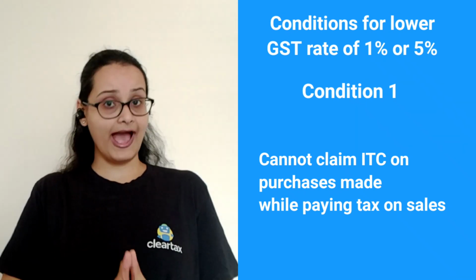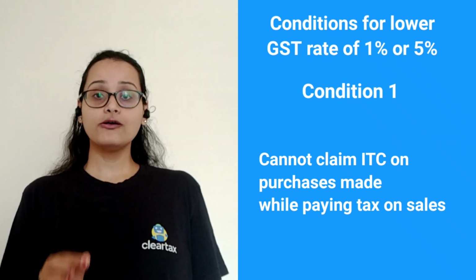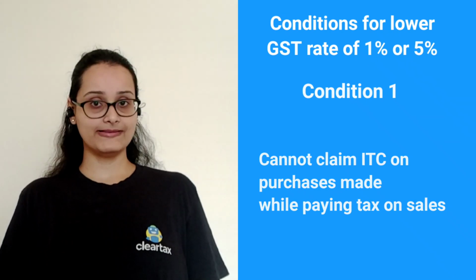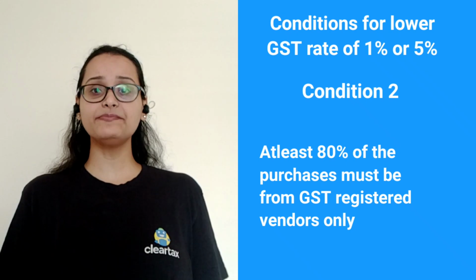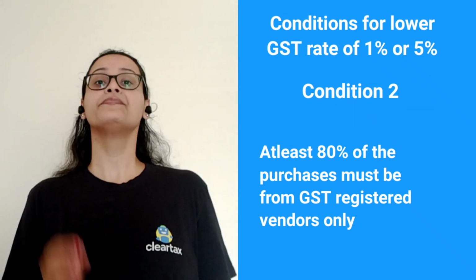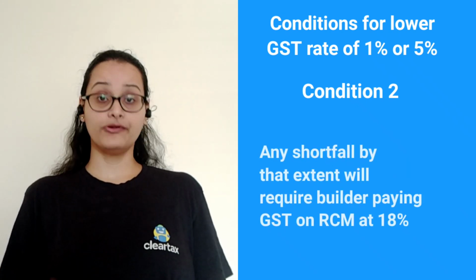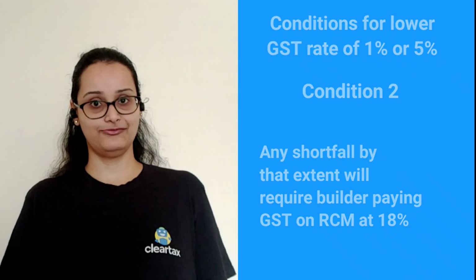So ideally, the builder may have to pass on the value of this ITC that cannot be availed as the cost of the project onto the buyer of the flat, most likely increasing the prices of the flats. Second condition to be satisfied is that at least 80% of purchases must be from GST registered vendors. Any shortfall will attract GST on a reverse charge basis at 80% to be paid by the builder himself.